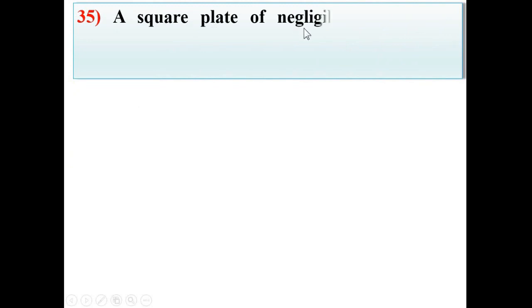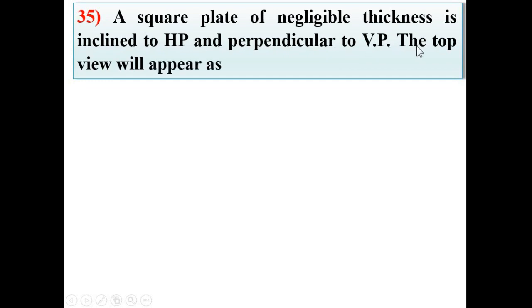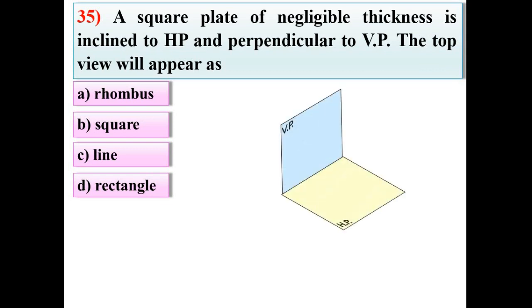Next, a square plate of negligible thickness is inclined to HP and perpendicular to VP. The top view will appear as: rhombus, square, line, rectangle. Now let's consider the figure.